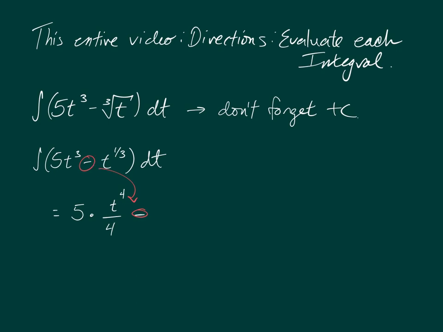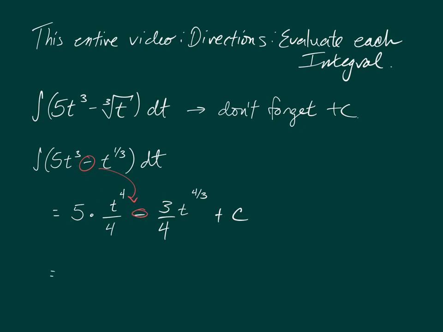I don't need to write anything for that, but I will have t to the 4/3 when I add 1 to that exponent. And instead of dividing by this new exponent, since I have a rational exponent, I'm going to multiply by the reciprocal plus c. And so I can just clean this up a little bit.